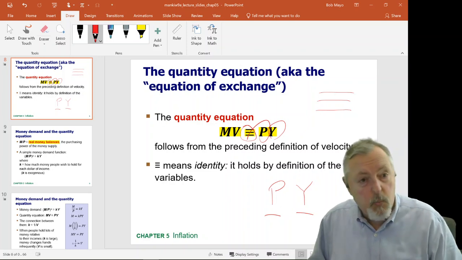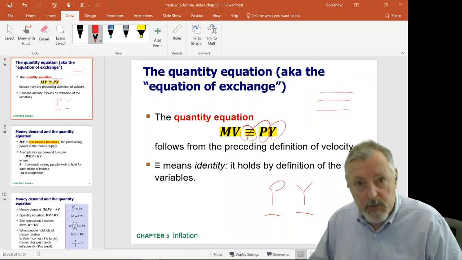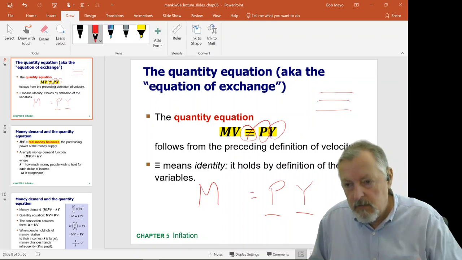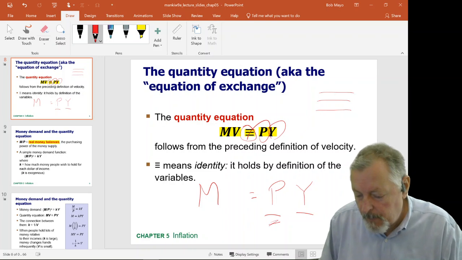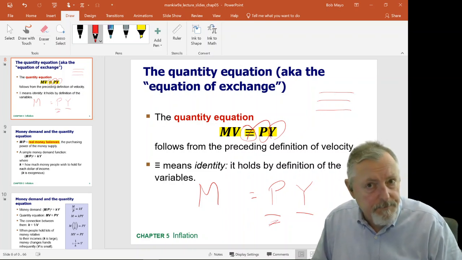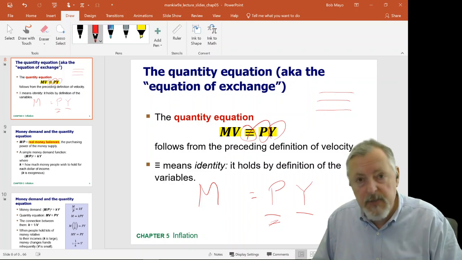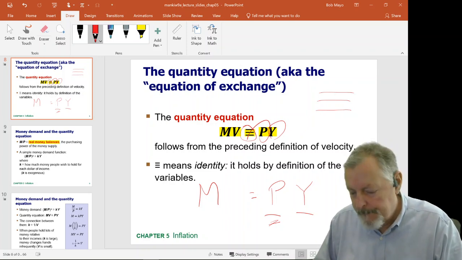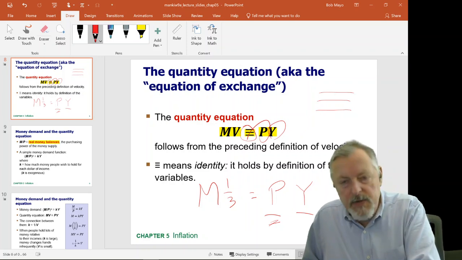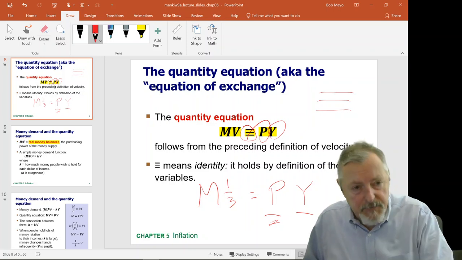If the velocity was 1, each dollar spent only once, then you would need M dollars to buy everything in the economy at a price of P. But if you can use the money more than once, spend each dollar 3 times, for example, then you would only need 1/3 of that amount to buy everything in the economy.